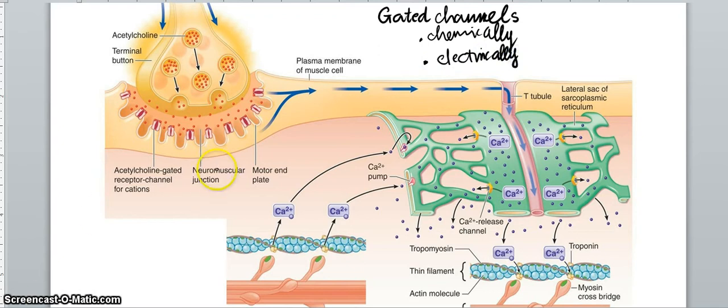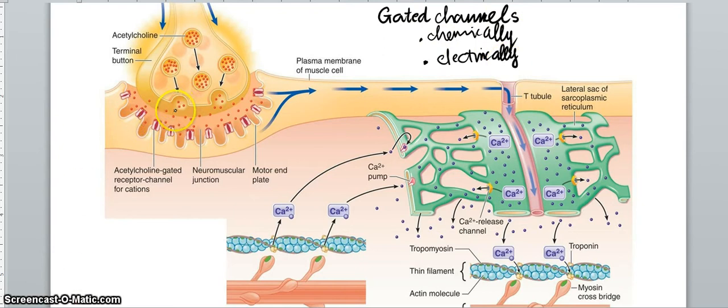I chose this specific example, this diagram that shows the communication between a neuron and a muscle cell in muscle contraction, because it contained both chemically gated channels and electrically gated channels.